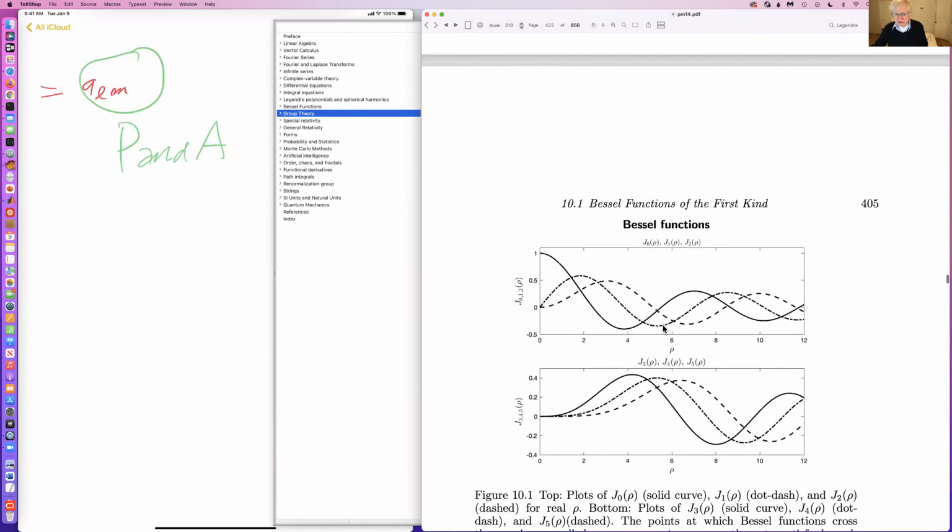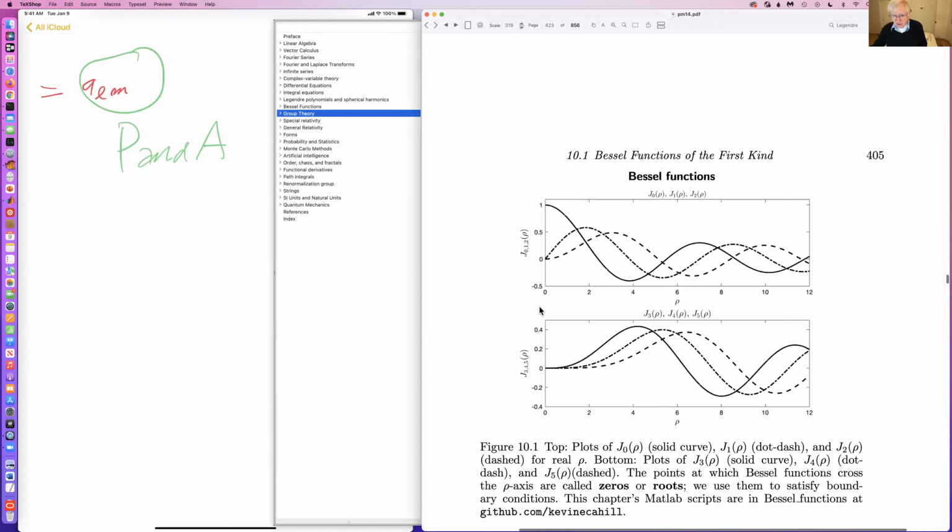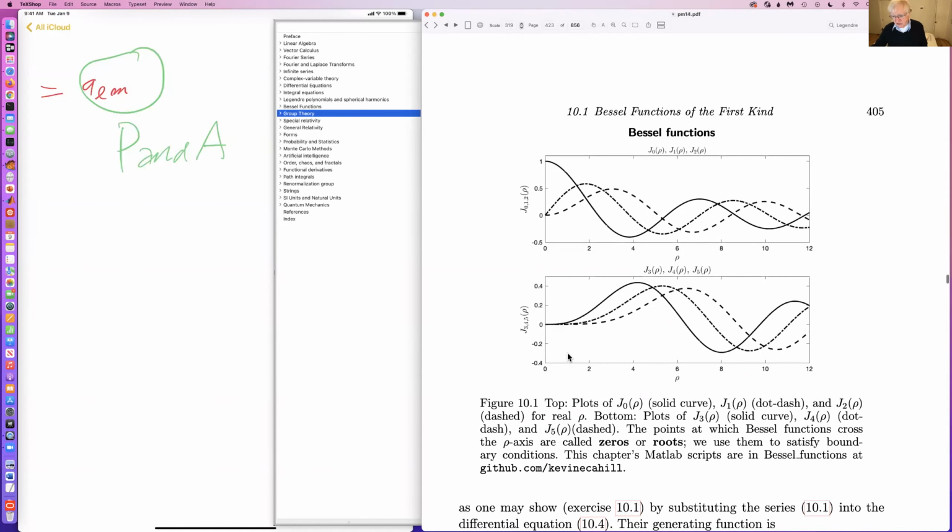Here's J0, and you see it starts out at 1. And then J1 is the dot dash, and J2 is the dashed. And then the others, J3 is solid, J4 is dot dash, J5 is the dashed one. And so they are progressively calmer.